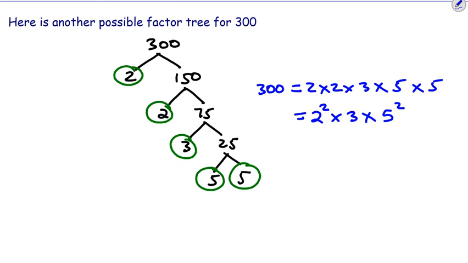And you can see that the answer that we have here is the same as the answer that we had in the previous question. So it doesn't matter which factor tree you use, you still end up with the same answer.